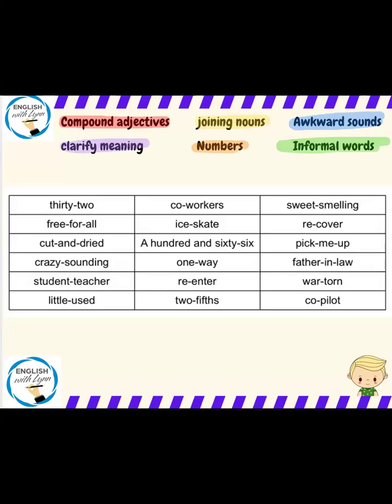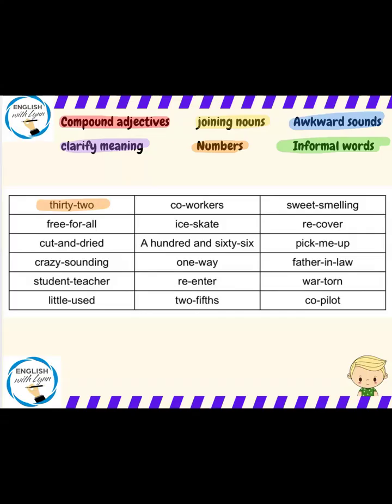Okay, so our first one, I think we've started with an easy-ish one. 32, I'm hoping that most of you will realise that is a number. So that needs to go in your number box. Okay, then co-workers, I have put the prefix there. So it is to avoid that awkward sound that I have got the hyphen.